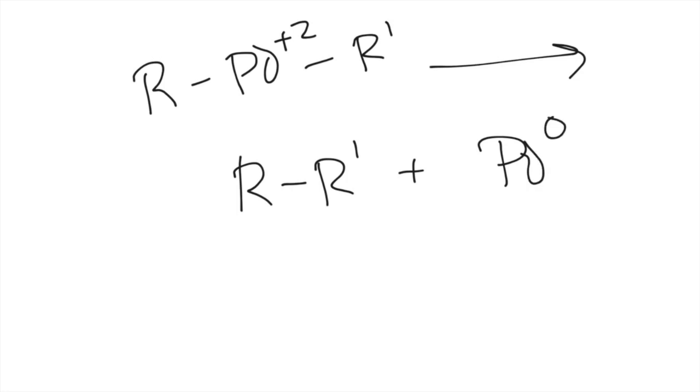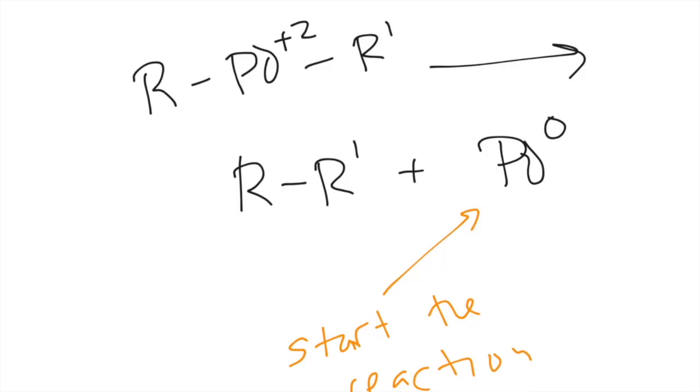So it'll lose the negatively charged carbon ligands and just go back to palladium 0. So then this can start the reaction over. This palladium 0 can go do oxidative insertion again.